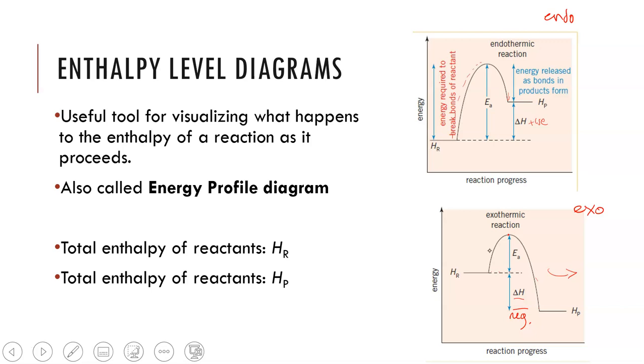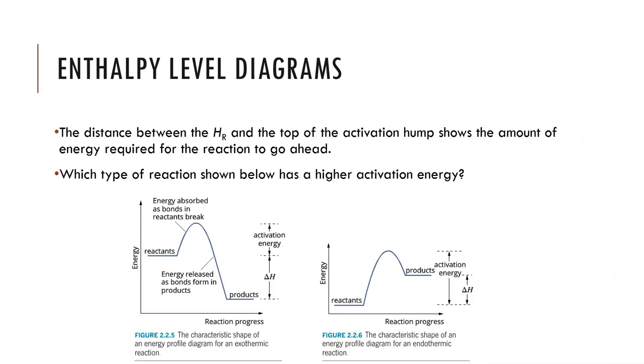When we show these, if we know what the reactants and the products are, we should include the formula for those on our enthalpy level diagrams. So the distance between the enthalpy of the reactant, H subscript R, and the top of the activation energy hump is the energy required for that reaction to proceed. If we have a look at each of these, we can see that the exothermic reaction has the products at a lower energy level than the reactants.